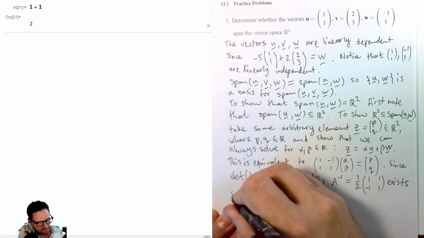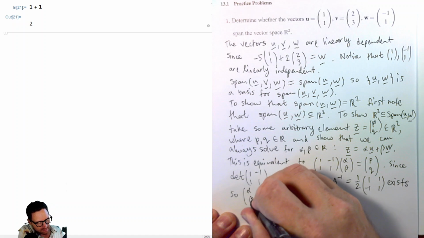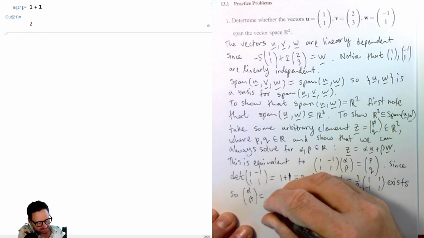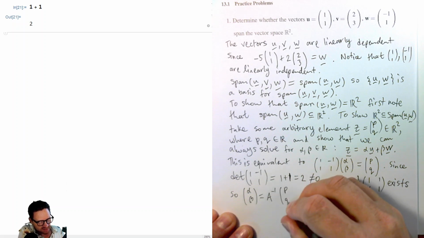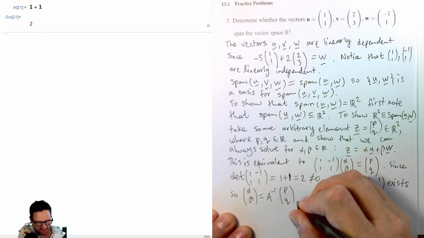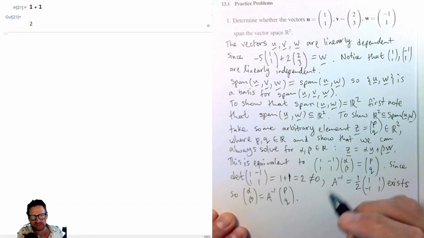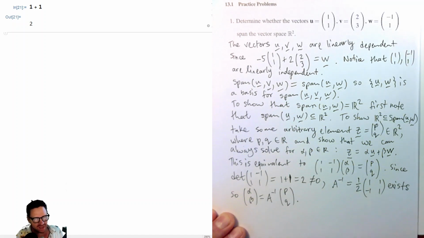Okay, and so (alpha, beta) is A inverse times (p, q). And so yes, we can always find alpha and beta irrespective of the values of p and q.